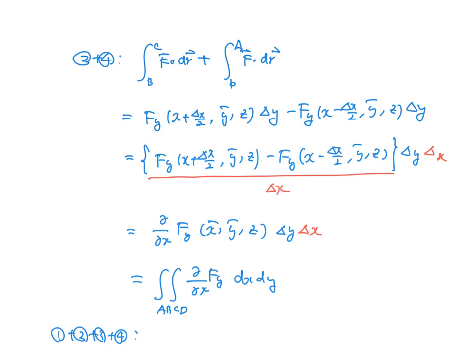Anybody remember the previous result? Which is actually F dot dr is partial Fy over partial x minus partial Fx over partial y, dx dy.